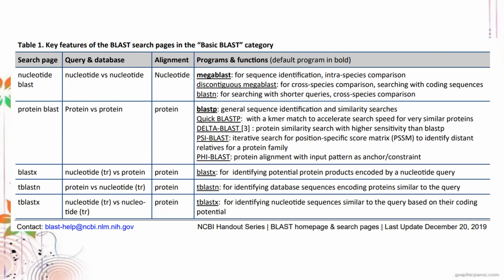You have protein alignments where you have anchors or constraints. For example, you have a certain protein with a specific conserved domain or region. You want to see that specific conserved domain accurately among all of the BLAST hits, and it doesn't really matter for the rest of the protein, but you want proteins that have that same conserved domain. So you can do PHI-BLAST on that.